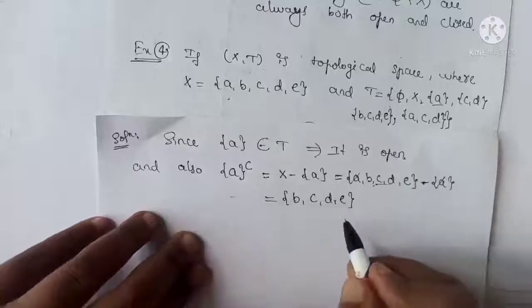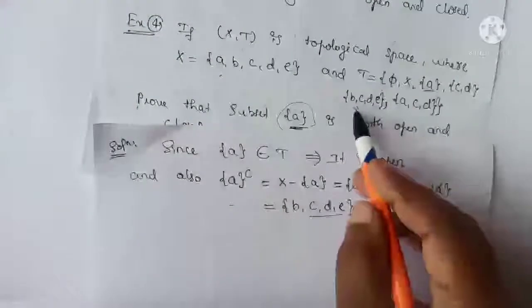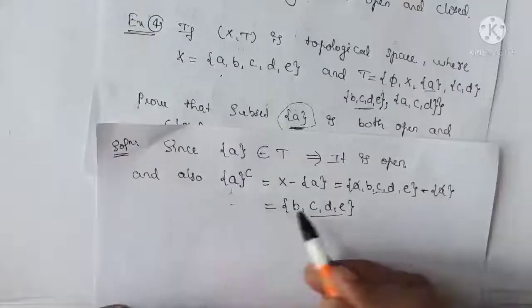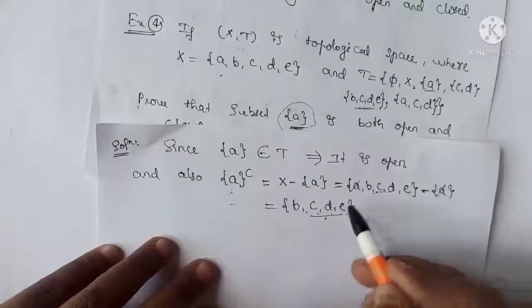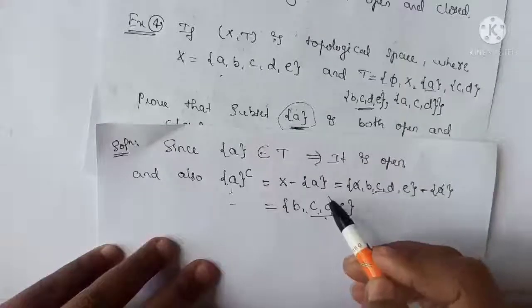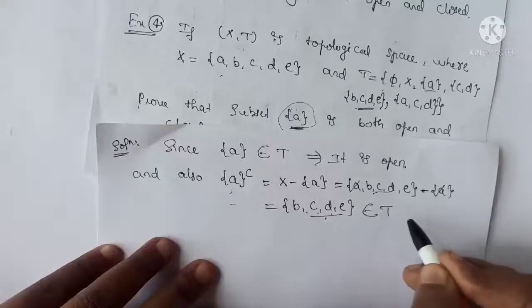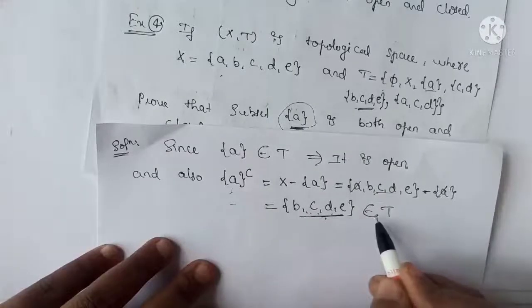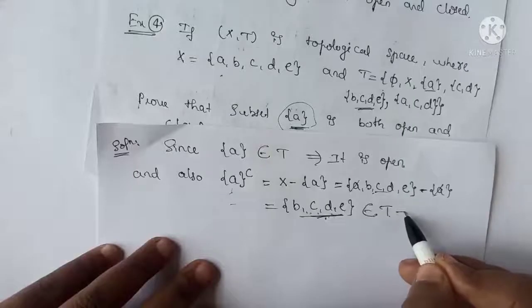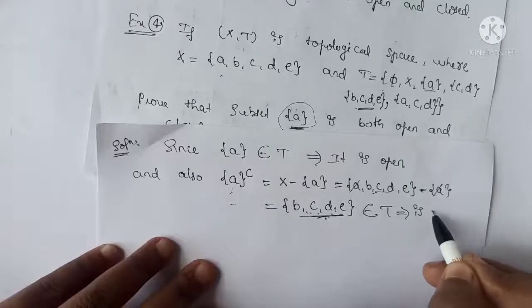You can observe that this complement of A, {b, c, d, e}, belongs to the topology tau. So this belongs to T, which means it is open.